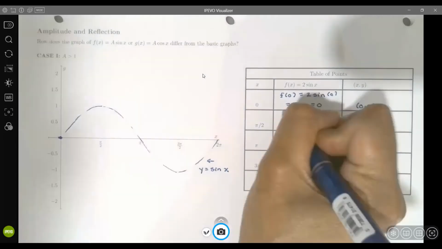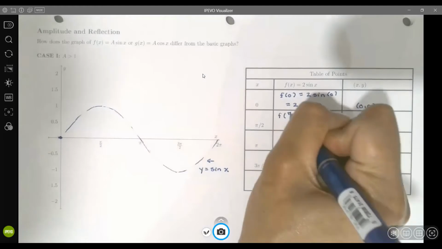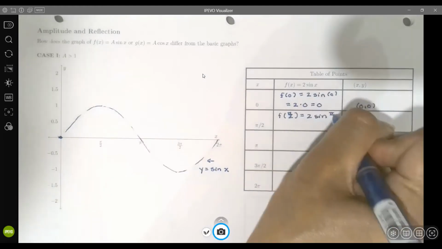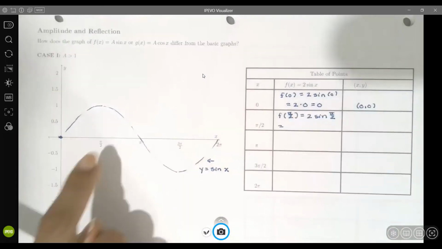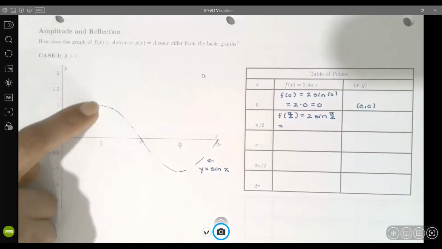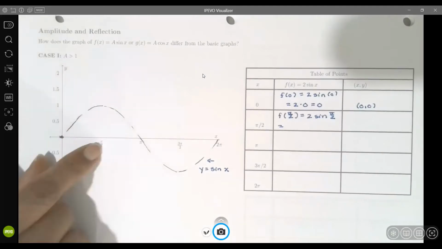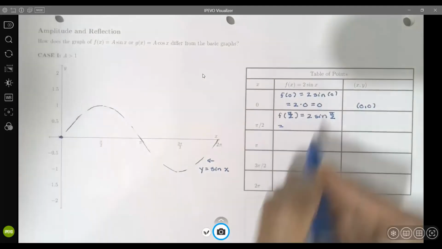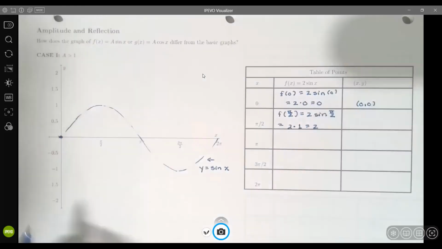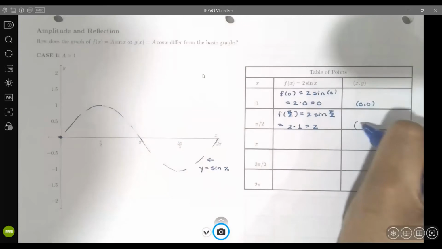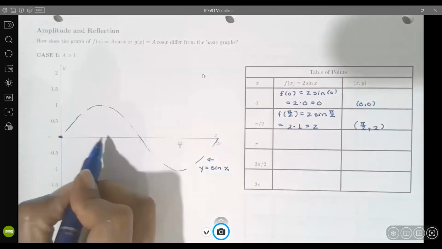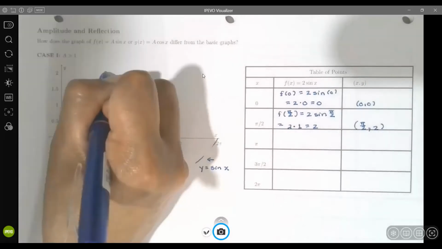Then for pi over 2, f of pi over 2 is equal to 2 times sine of pi over 2. And again, we can use this one as a reference. Pi over 2 gets sent to 1 for sine, so sine of pi over 2 is 1. This means that we have 2 times 1, which is going to give us a 2. So the point that we're plotting is pi over 2 comma 2. So at pi over 2, we have a point up here at 2.